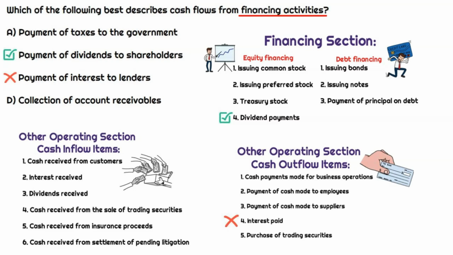And then same goes with taxes that are paid to the government. And then collection of accounts receivable, that's just collection of cash from customers. That's also part of the operating section. It's a cash inflow, right? So again, make sure you understand how different activities would be classified in the statement of cash flows. Very important to get that right because you will see these on the exam.